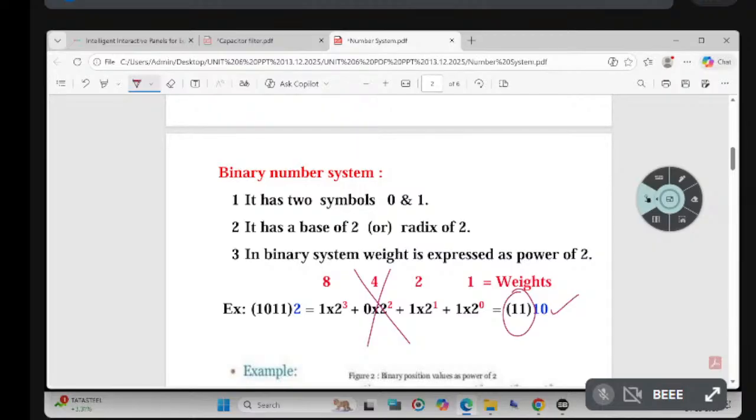it has two symbols, 0 and 1. The base is 2. The other name for base is radix.